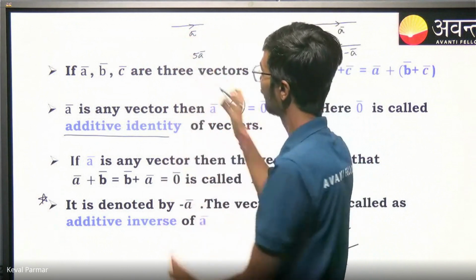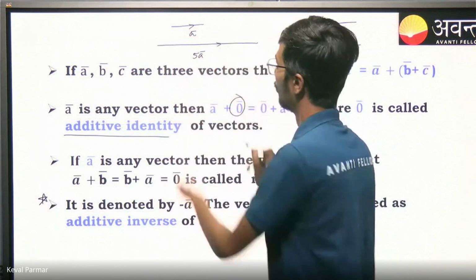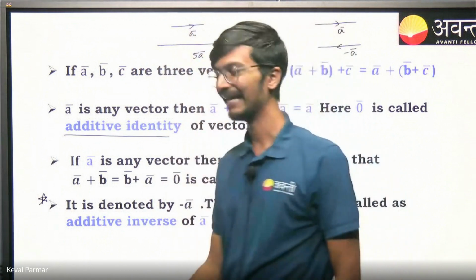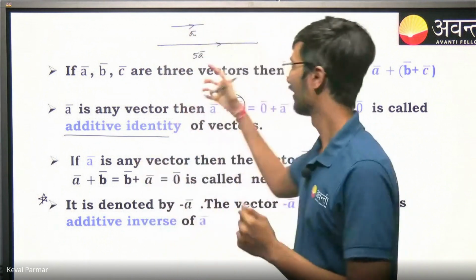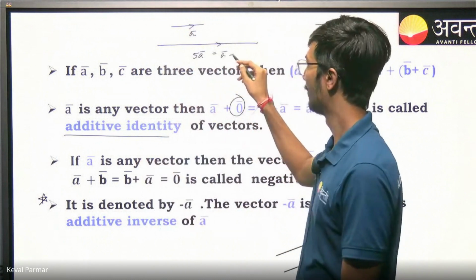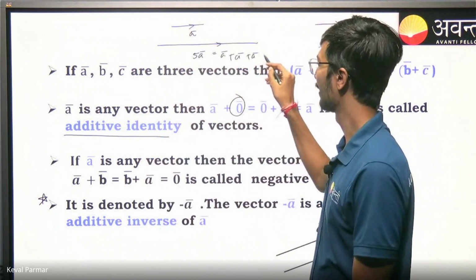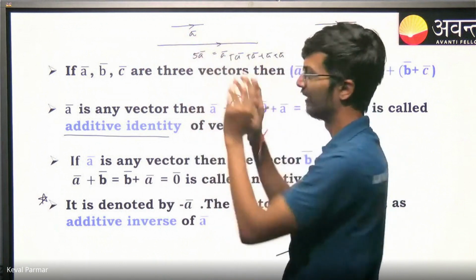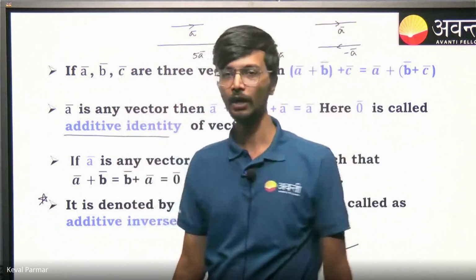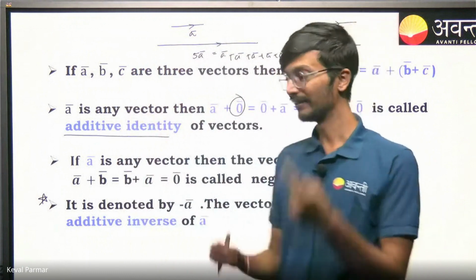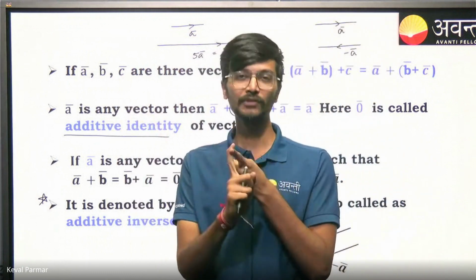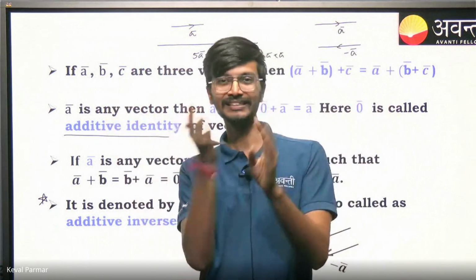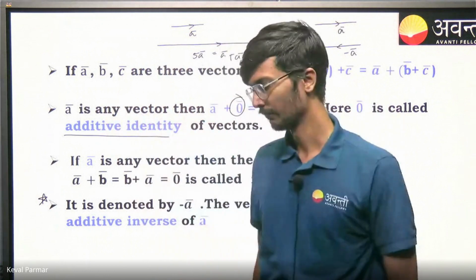Now the magnitude is 5 times this. I can write 5A bar as A bar plus A bar plus A bar plus A bar plus A bar. If I add this 5 times, the length will become 5 times the original vector. So multiplication with a positive scalar will change the magnitude, and multiplication with a negative scalar will change the direction. Got it?